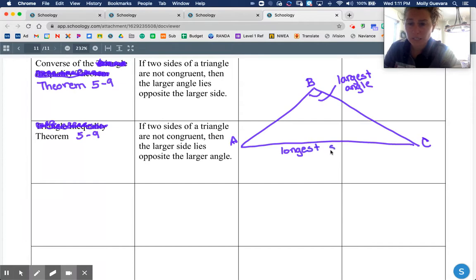And that's going to work in pretty much any triangle unless the triangle is isosceles, okay? Same thing here. This guy right here, to me anyway, looks like the smallest angle. So therefore, across from that is the smallest side.